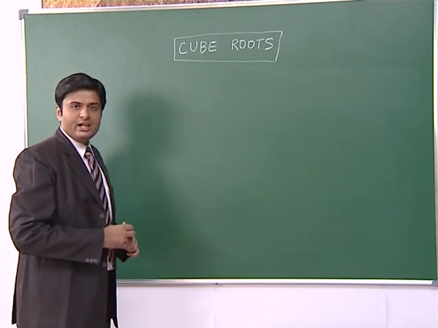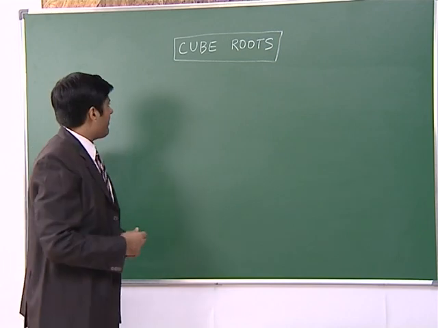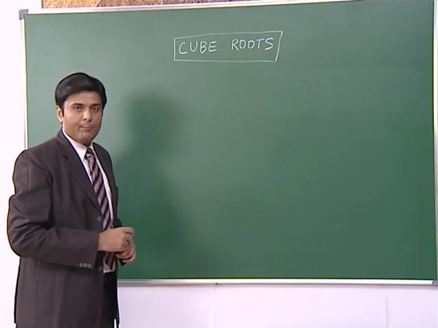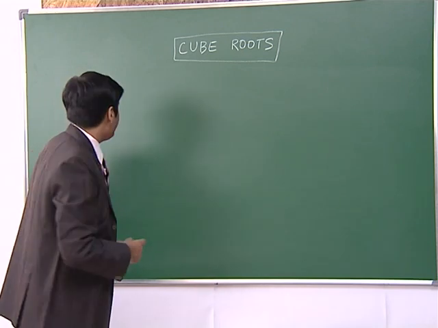Before that, we need to take a standard key where I will take numbers from 1 to 10 and write the cube of each number below it. Let us see how that is done.